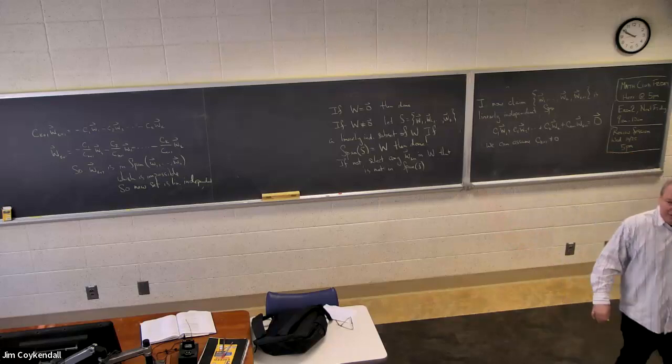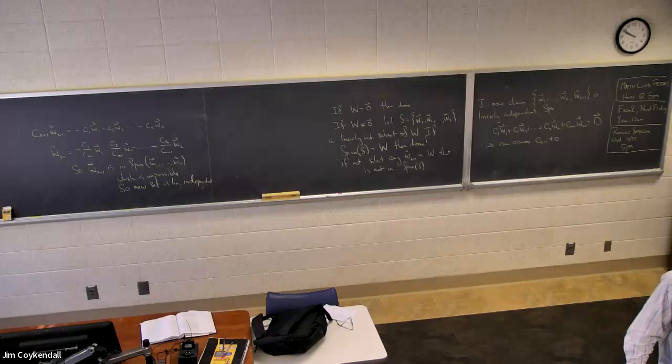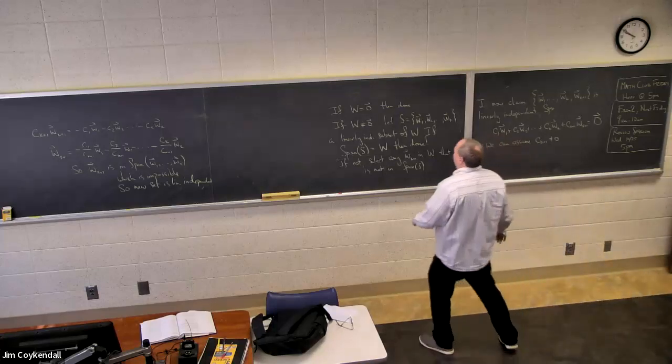Now, the thing that bothers me, especially for some of you computer science people, is how do I know this process is going to terminate? It has to terminate. That is right.